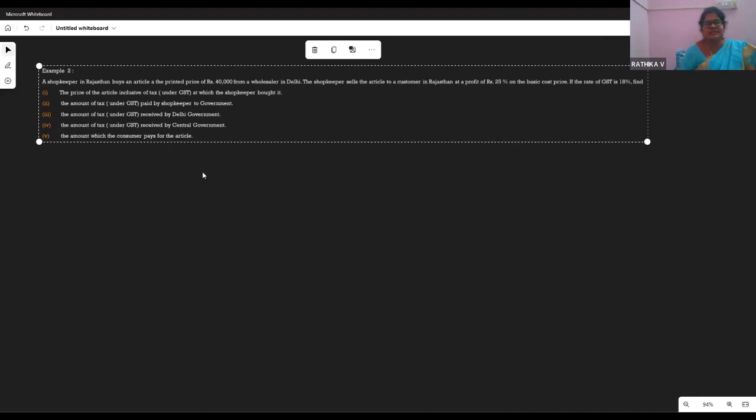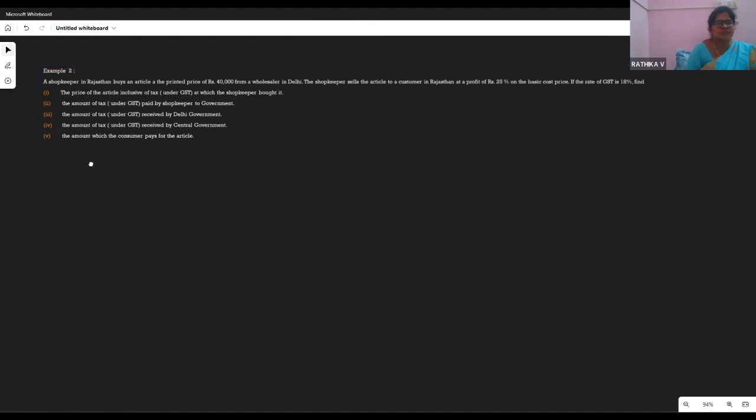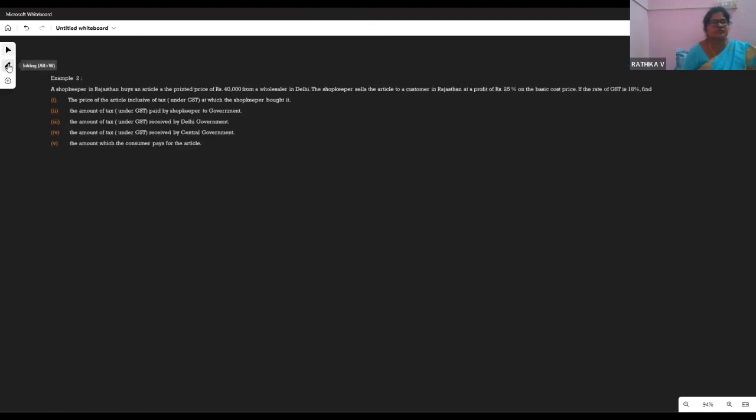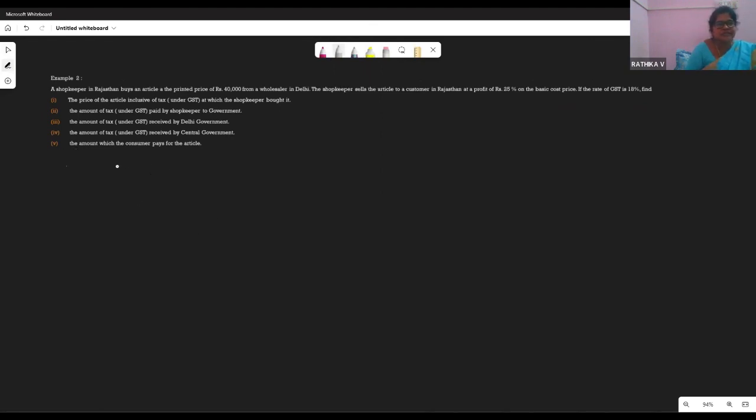Here it is actually interstate, so the people are from outside. First I take the shopkeeper here; he is in Rajasthan.